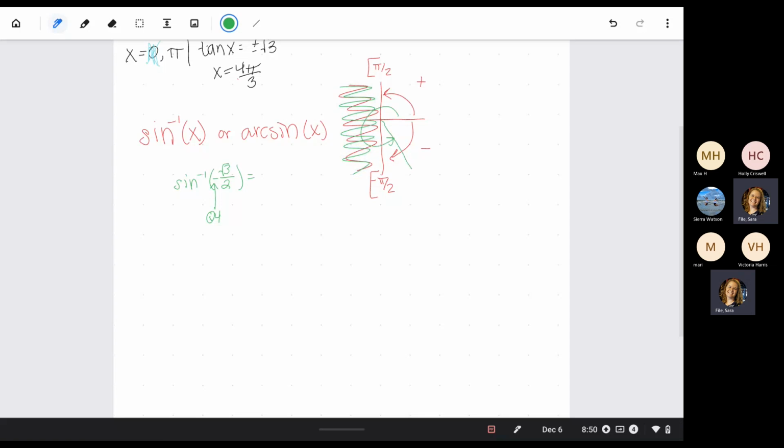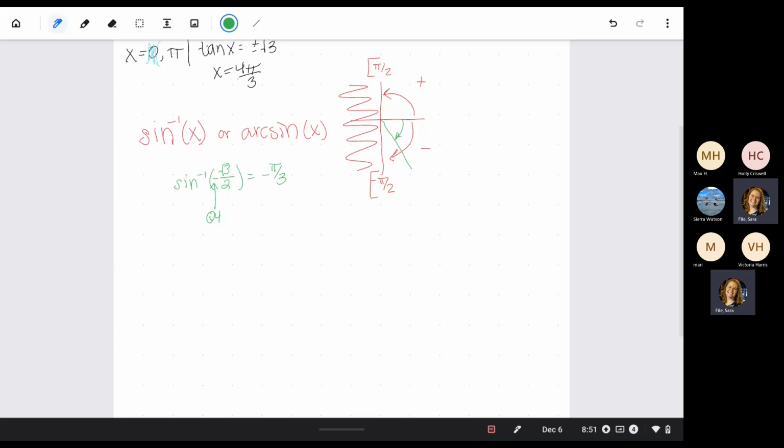You have to get to it in the negative direction right here, so you would say it's negative pi thirds. Even though that's coterminal with 5 pi thirds, 5 pi thirds is not the right answer. Do y'all understand that? Your answer has to be between negative pi halves and positive pi halves. That's the range for inverse sine.